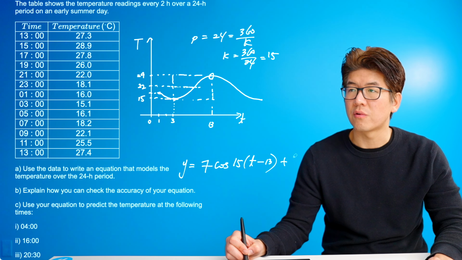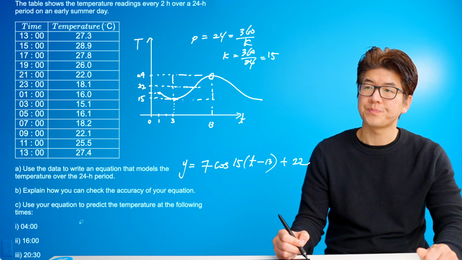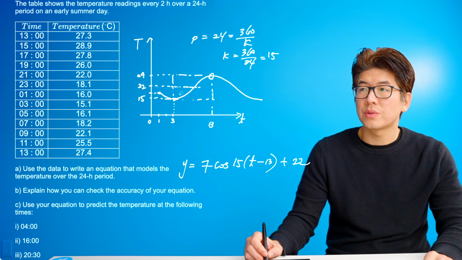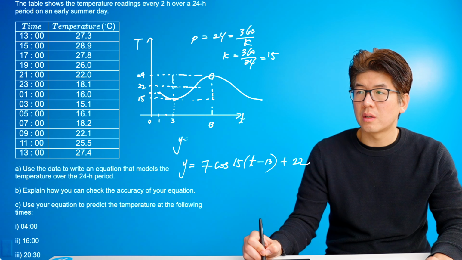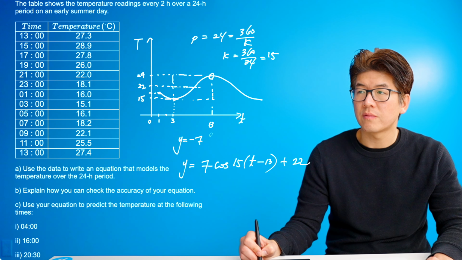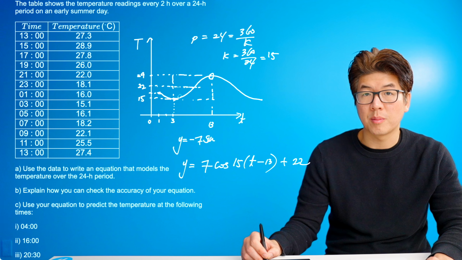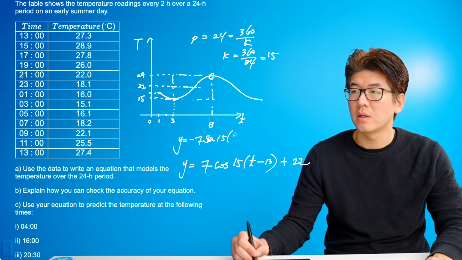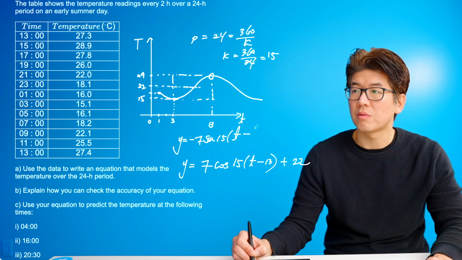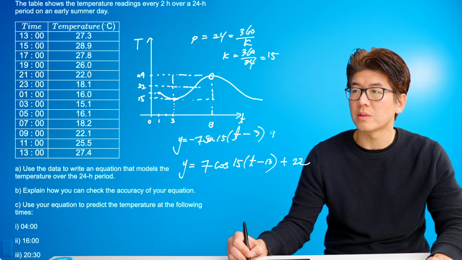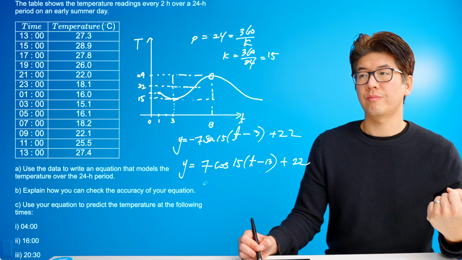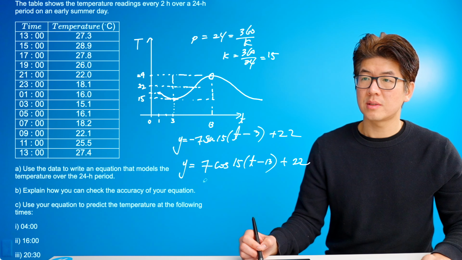And then a vertical shift of 22. Okay. You could also have done a -7 sine function starting from the bottom as well. Okay, and then that would have been 15. This time it would have been t minus 3 instead, plus 22. Okay, either should work, but let's check.